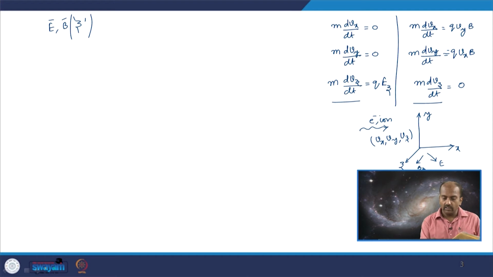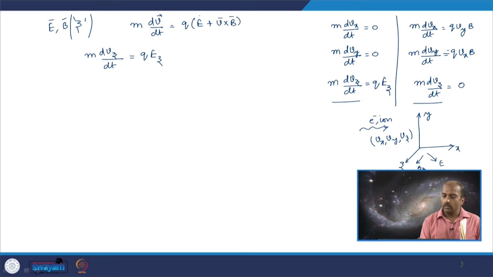So, if it is the case, I will write m dvz by dt equals q Ez, or let us say you write, for example, m dv by dt equals q times E plus v cross B. Let us call this equation 1, and a component equation of this becomes 2.